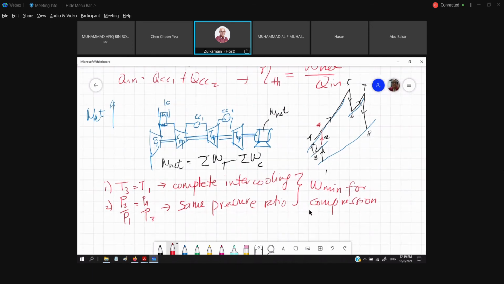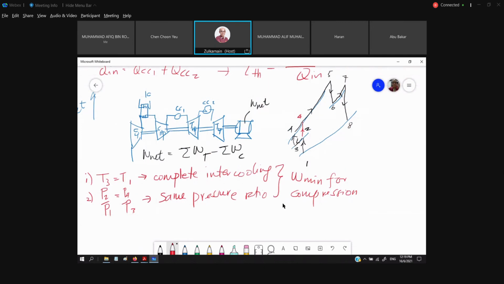When we combine these two characteristics, then we get the minimum work input for the compression process. So this is the requirement to have the minimum work input to the compression process: same pressure ratio, complete intercooling.